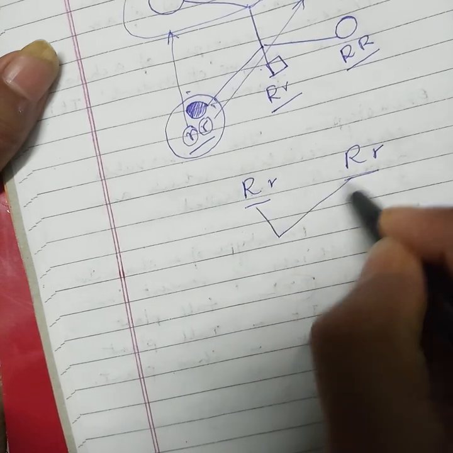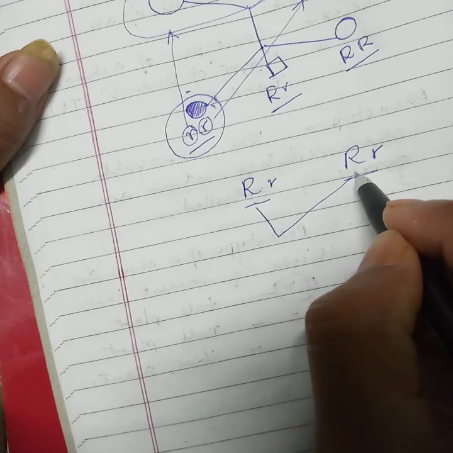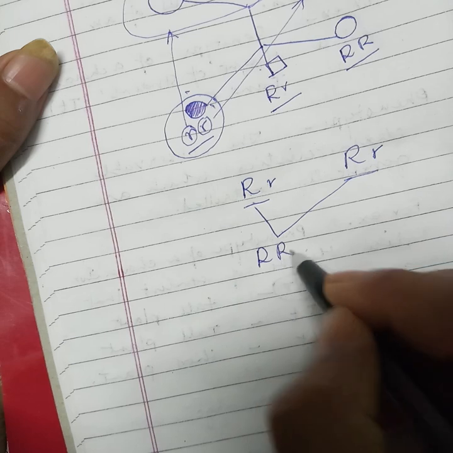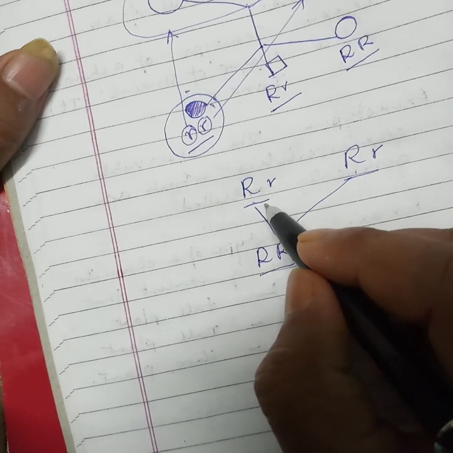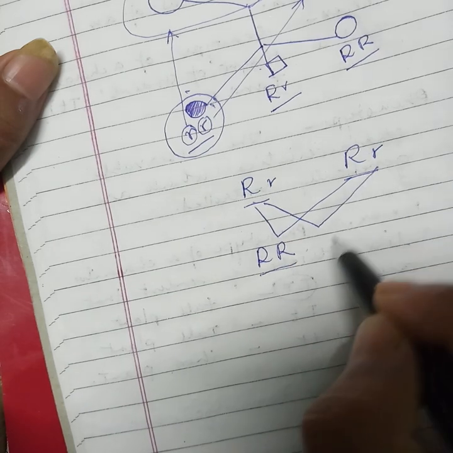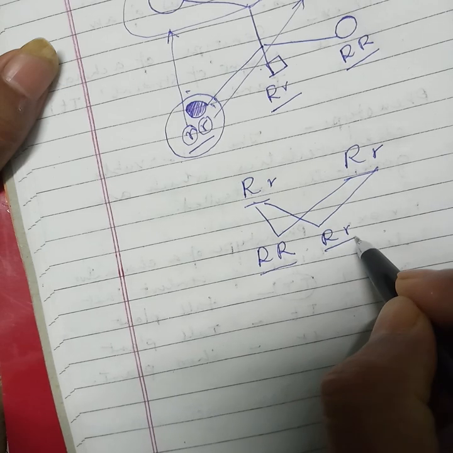When we cross, this capital R will fuse with the capital R of the male, thus producing homozygous dominant. This capital R again fuses with the small r, so it will produce heterozygous dominant.